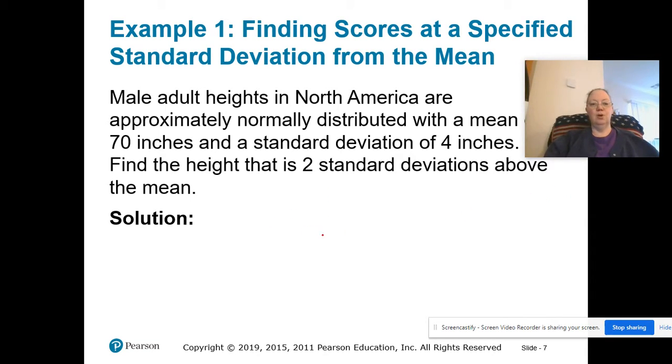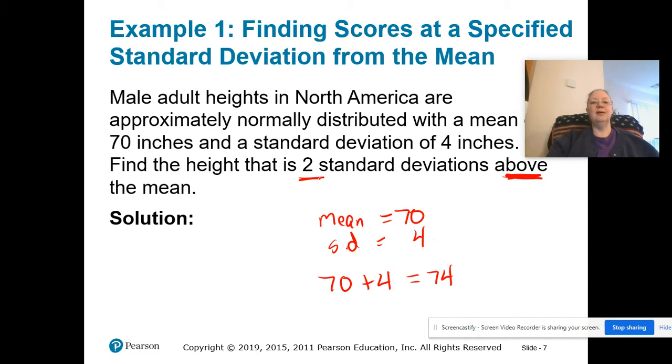So I have a mean that equals 70 and a standard deviation that equals 4, and I want to be above the mean. A height that would be 1 standard deviation above the mean, I would add 1 standard deviation to the mean.